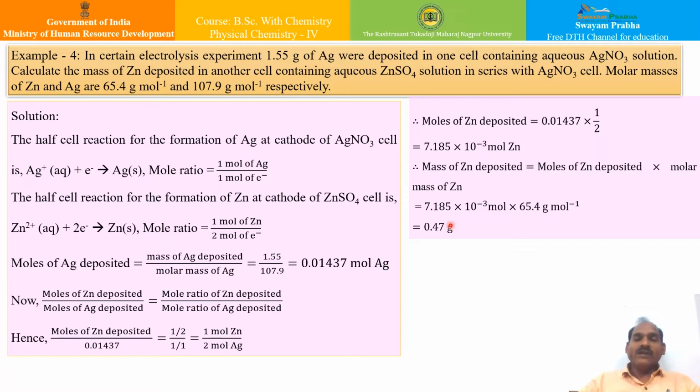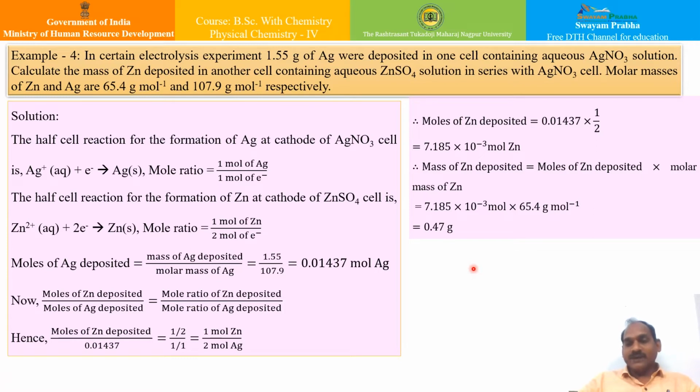In this way, we can utilize both Faraday's first law and second law of electrolysis for the calculation of the quantity of substance deposited, quantity of current required, number of electrons required, or quantity of charge required. So depending on the information available, I can utilize Faraday's first and second laws of electrolysis for these purposes.